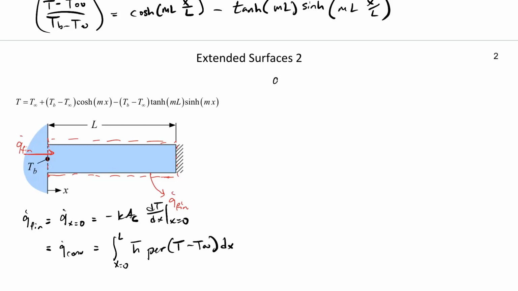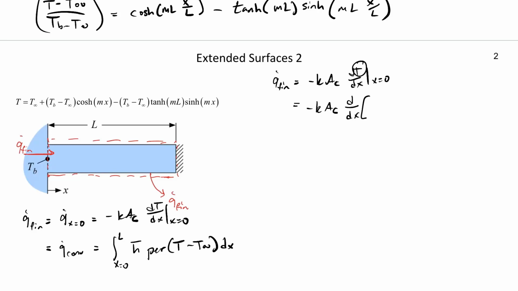We have Q dot fin equal to minus k A_c dT/dx at x equals 0. So let's plug in, right? We have to plug in our temperature solution here and then evaluate that derivative. So that becomes minus k A_c times d/dx of our temperature solution.